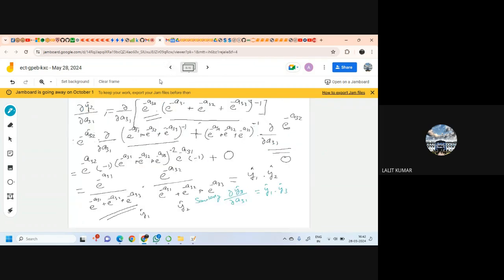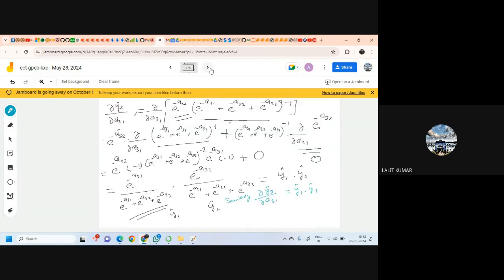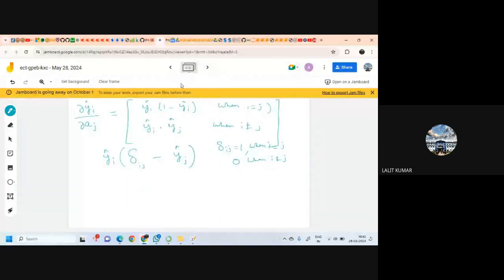I think we have missed out some minus somewhere. This minus comes here, y hat minus 1 instead of 1 minus y hat. This is clear, this is the one final which we have got.